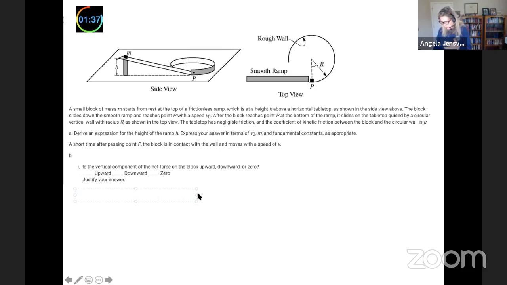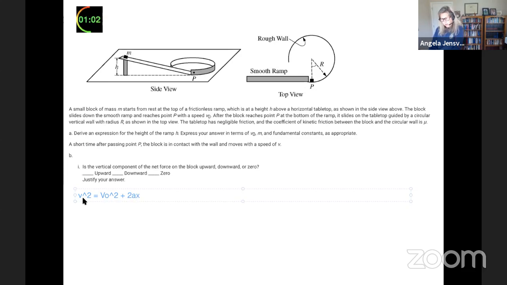Okay, I'm going to make a text box. Okay, derive an expression for the height of the ramp, h. Okay, so why don't we use our kinematic equation, v squared equals v naught squared plus 2ax.